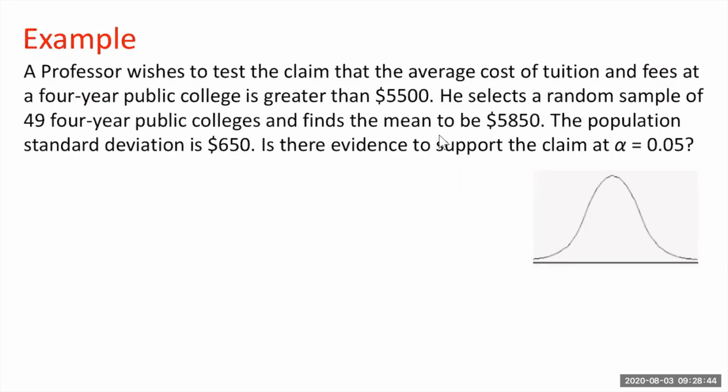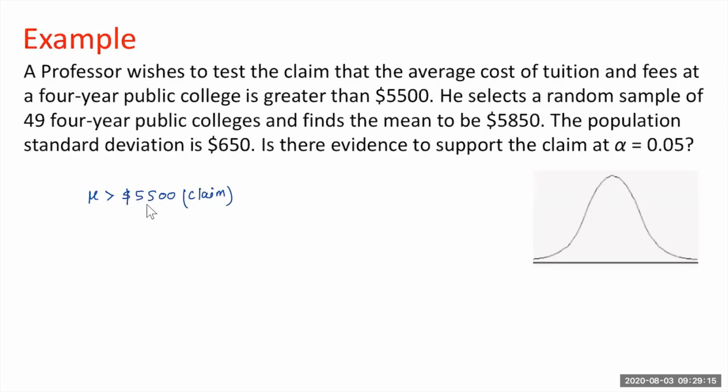This is the claim: the average tuition and fee, written as mu, is greater than 5,500. He wants to test whether this is true or not.